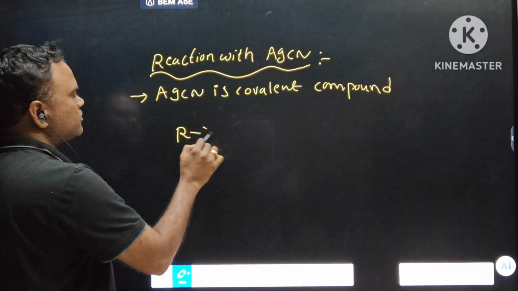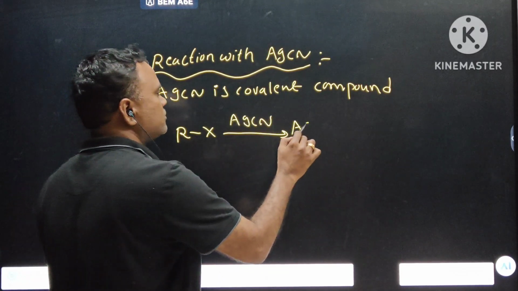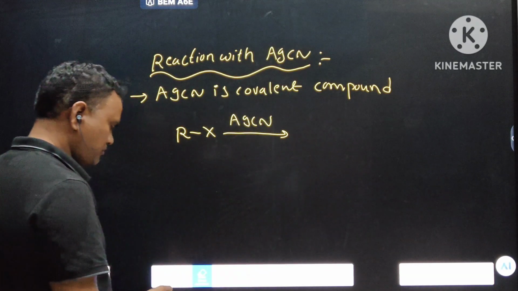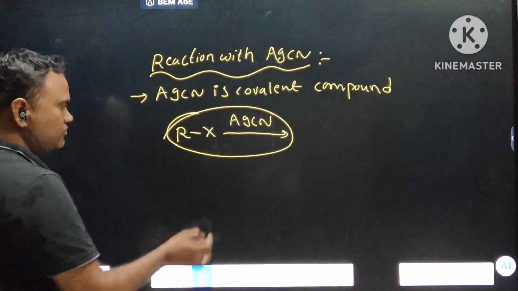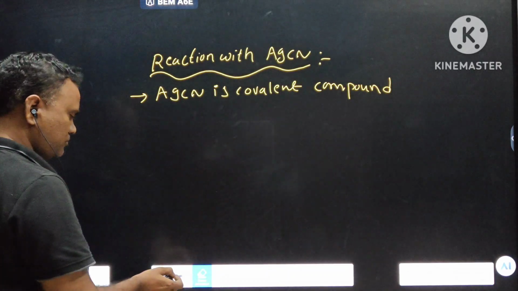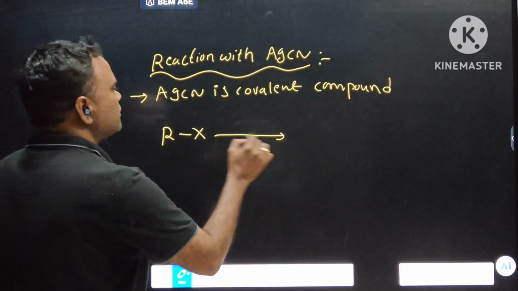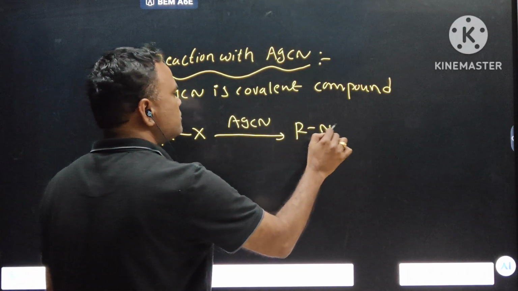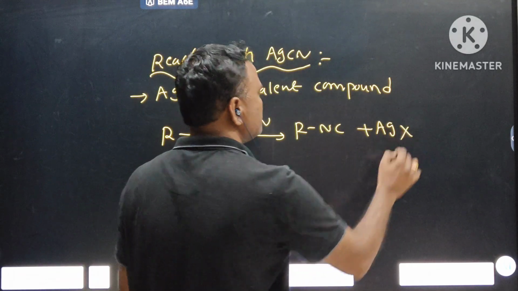I am giving that AgCN. RX and AgCN give RNC, and you can consider the byproduct as AgX.